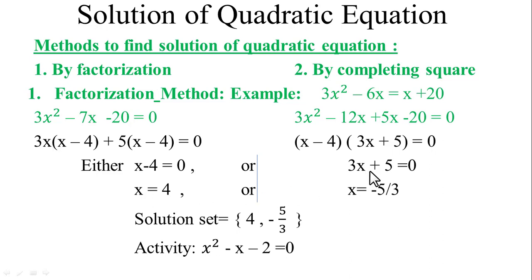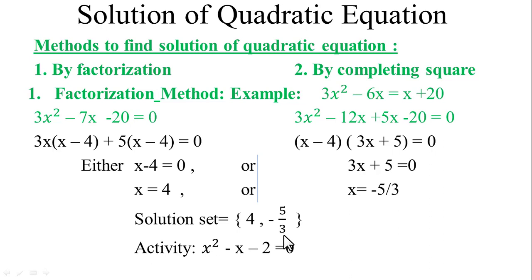Or 5 moves to the other side, it will be minus 5, and 3 is divided on the other side. Now we write that x is equal to minus 5 upon 3. So the solution set of this equation is 4 or minus 5 upon 3.